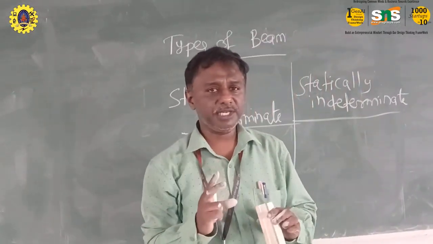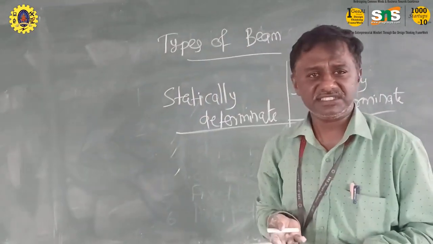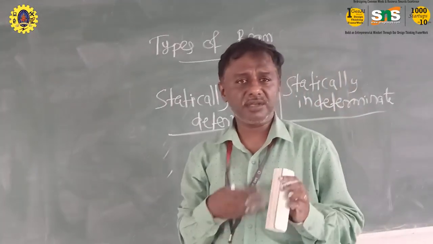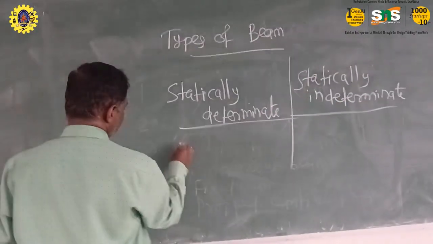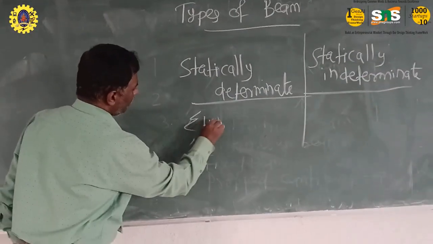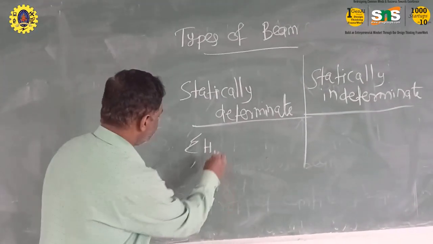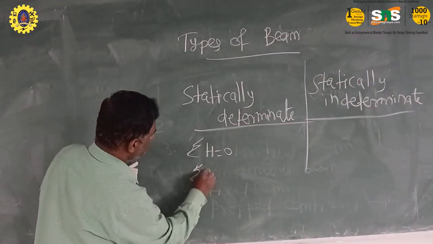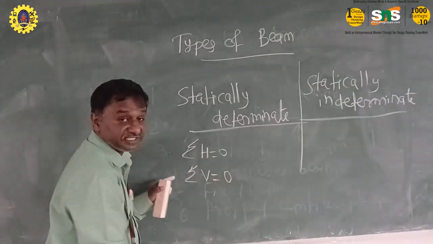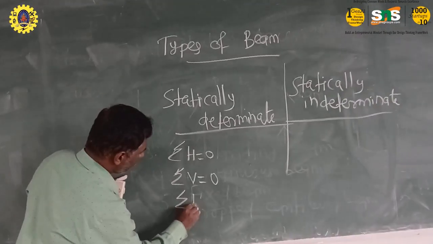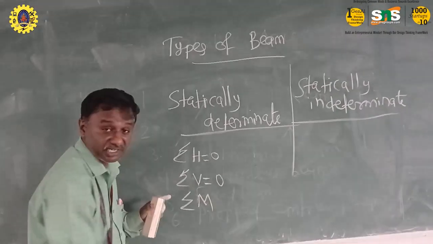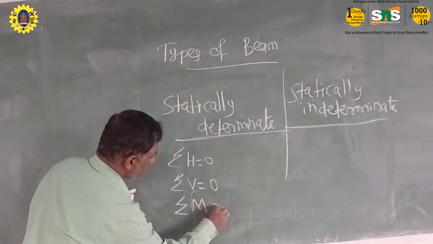Static equilibrium means the resultant force is zero. The algebraic sum of all horizontal forces is zero, the algebraic sum of all vertical forces is zero, and the algebraic sum of moments about a particular point is equal to zero.